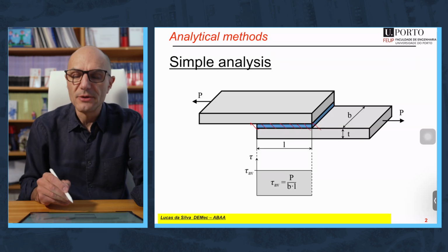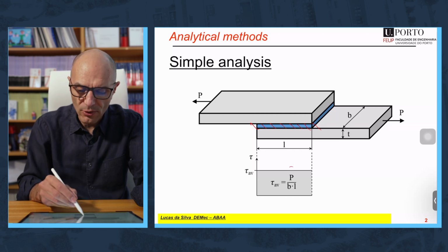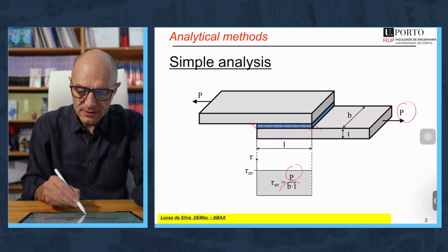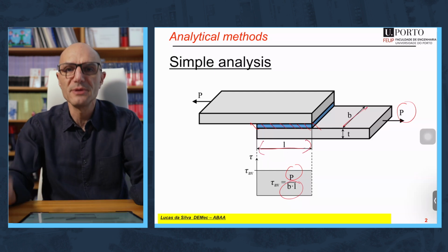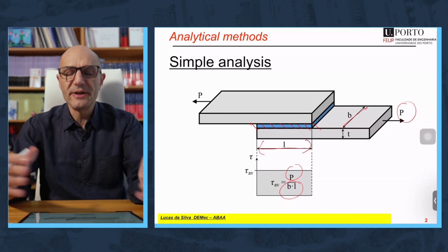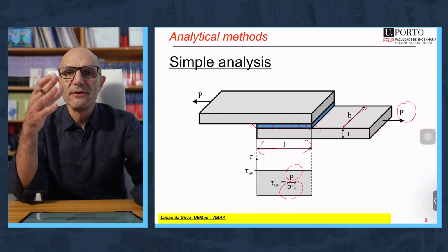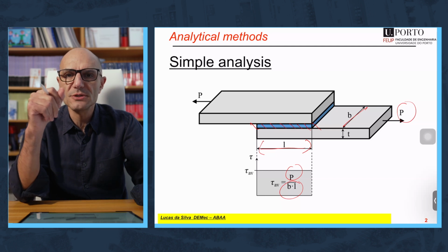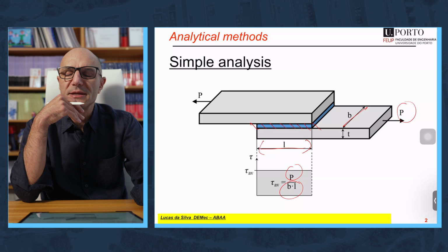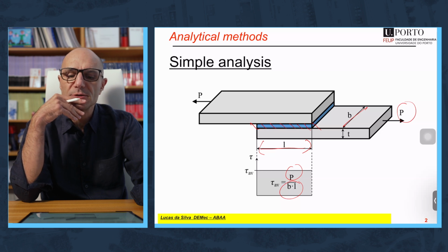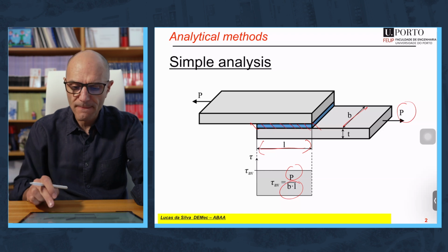And the shear stress formula in this case is simply the load divided by the resistant area, which is the width times the overlap. Extremely simple. This works very well, for example, for adhesives that are very, very flexible in relation to the substrate, like polyurethanes or like silicones, the elastomeric adhesive used in the aerospace industry. You just need this, you don't need anything else, all right?